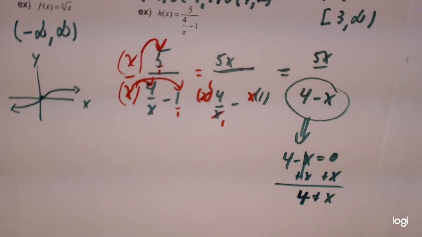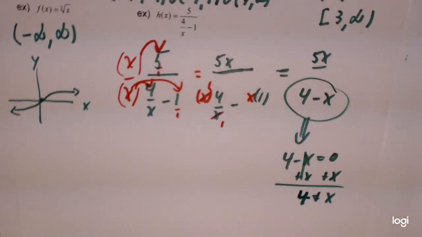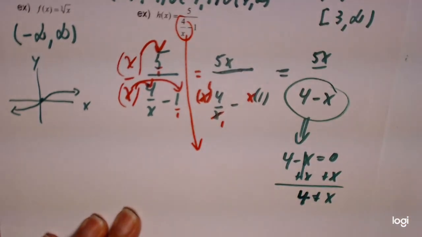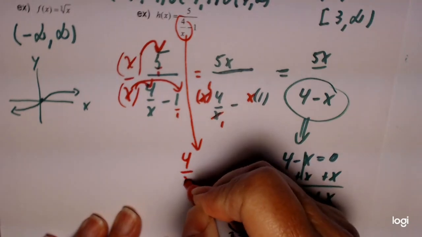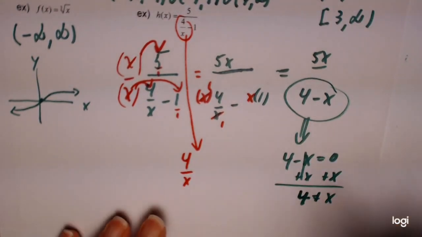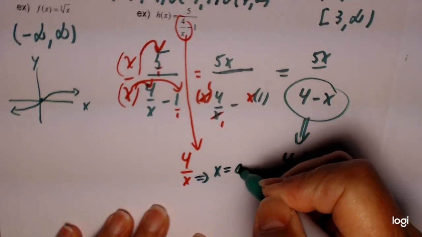Now, when we cleaned up our fraction, it looked like that, but we can't forget, going back to our original statement, we have this 4 over x that we have to consider. So for 4 over x, when we look at this, we can see here x equals 0.